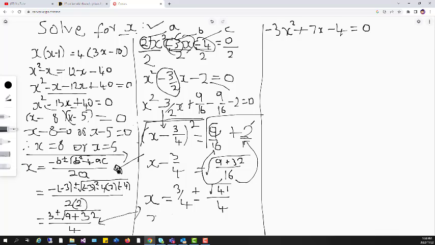So x would be equal to, I need a calculator. We're first going to have 3 over 4 plus root 41 over 4, the plus part now. So that will be 3 divided by 4 plus... I'm just on the calculator now.